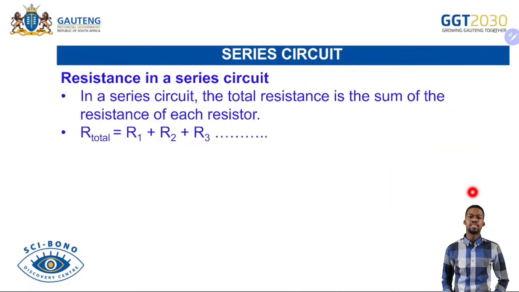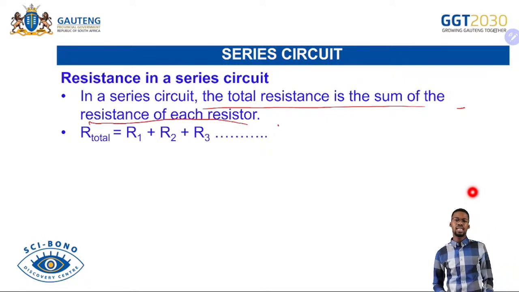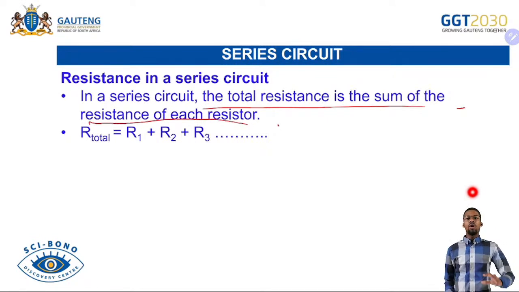Then let's talk about resistance. Resistance in series: the total resistance is the sum of the resistance of each resistor. What does this mean, sum? It means that in series, we add resistors. So it's R1 plus R2 plus R3 and so on.